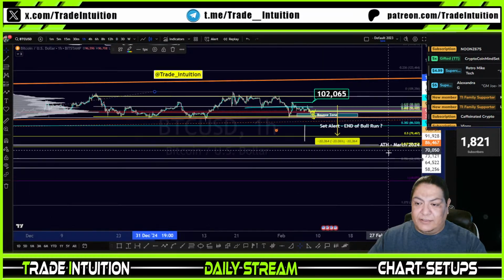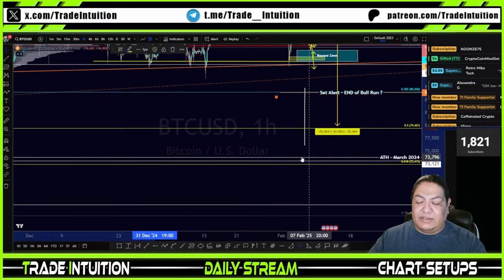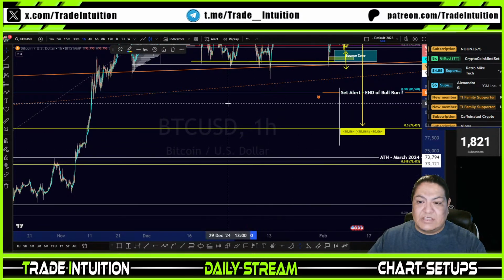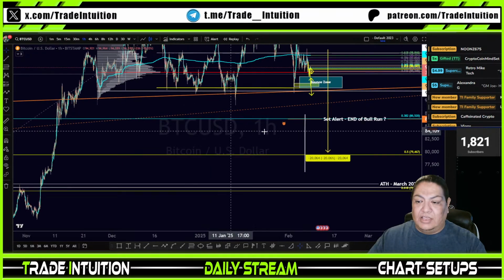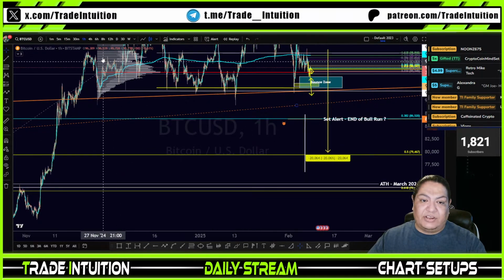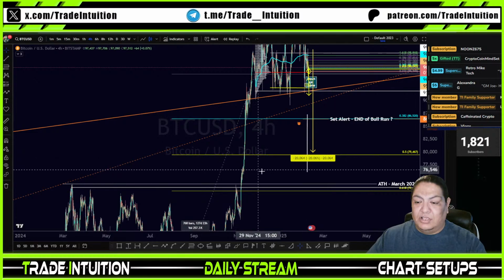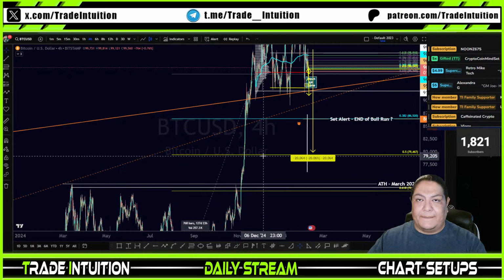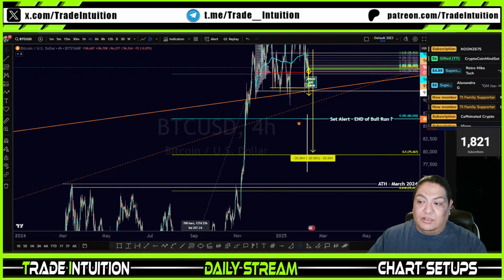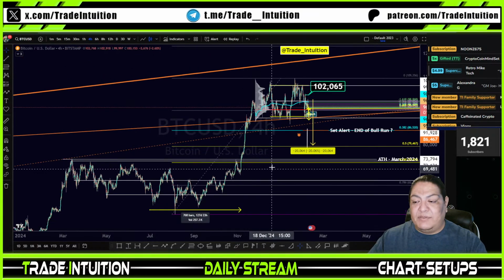If we break below the 38% mark, world of hurt. We're looking at possibly coming down to roughly the 75, 79-ish area, easy, and then maybe even coming down here.